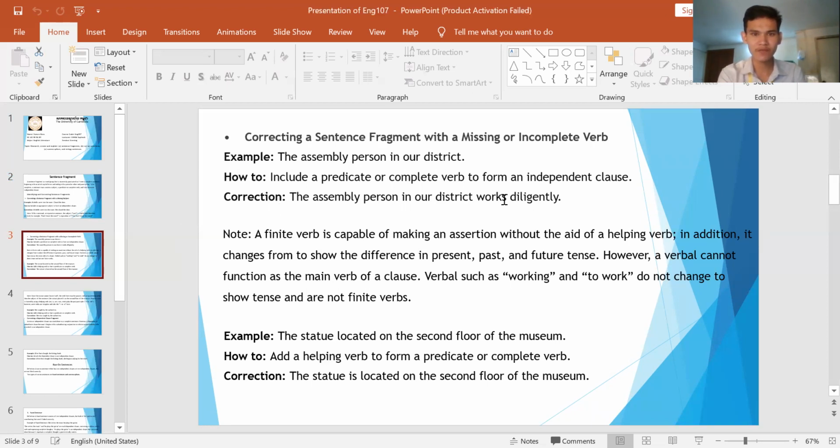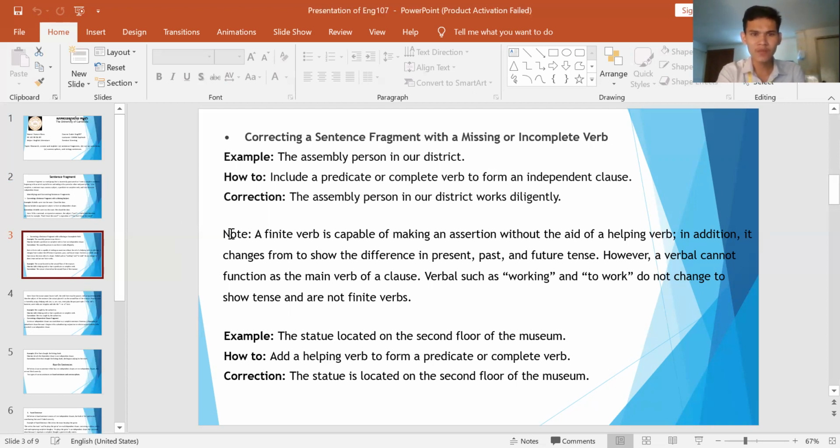So you need to add works here, and diligently we call a complement, to complete an independent clause. If you don't add a verb and complement, this is not a sentence. We call it a phrase. Okay, let's look at the note here.